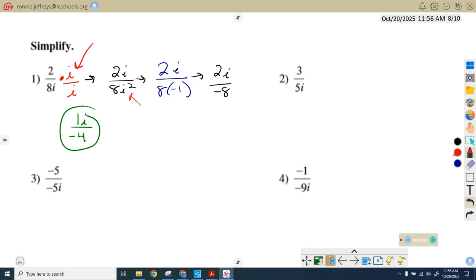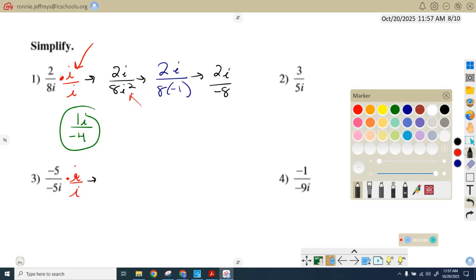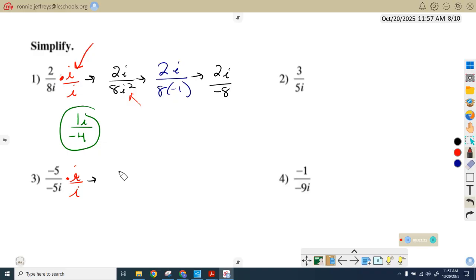All right, so let's look at number 3. Again, we're going to multiply all these by i over i. Aye, Captain. So this becomes -5i over -5 times -1. So -5, this is 5.